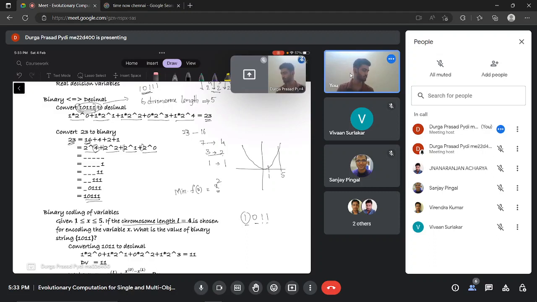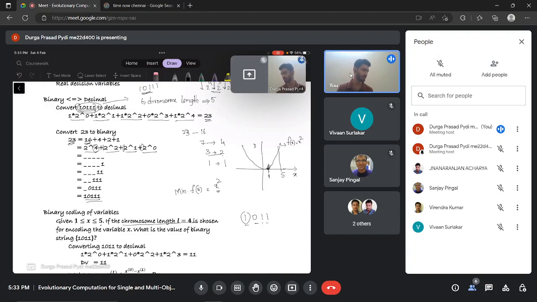So this is my x and this is my f of x equal to x square. Now if x ranges between 1 and 5, as you can see from the graph, the minimum occurs at around 1.